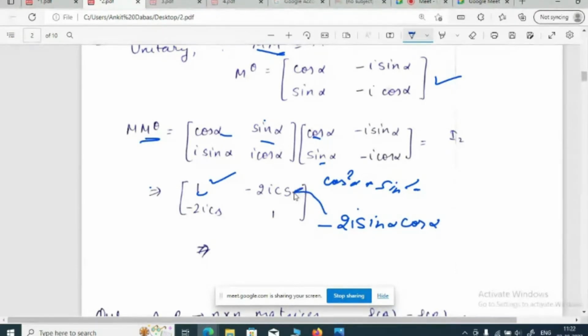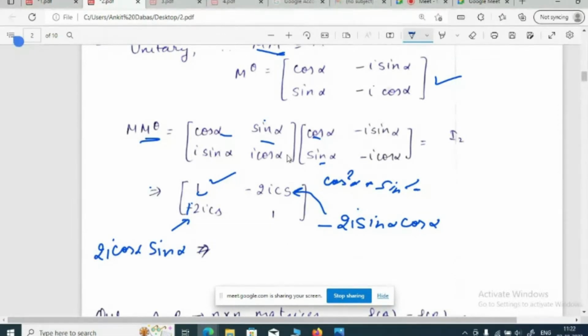Then iota sin alpha into cos alpha plus iota cos alpha into sin alpha, which is plus 2 iota cos alpha sin alpha.